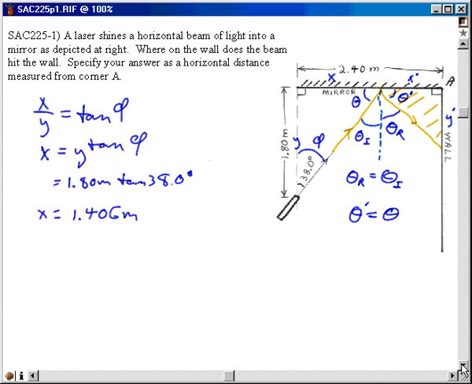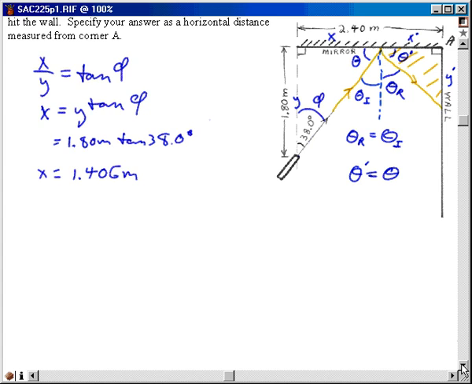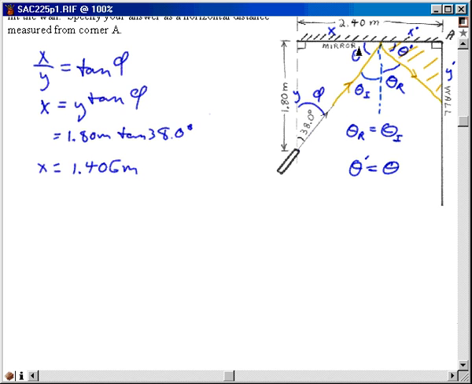Keep 4 places for an intermediate result. Eventually we've got to round things down to 3.